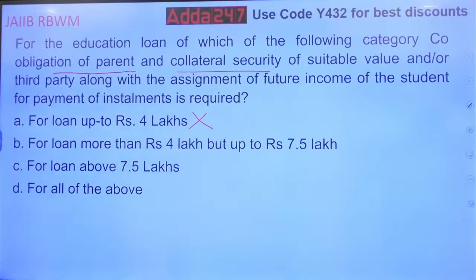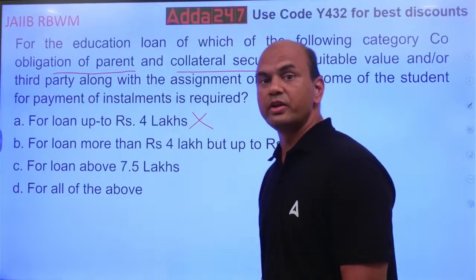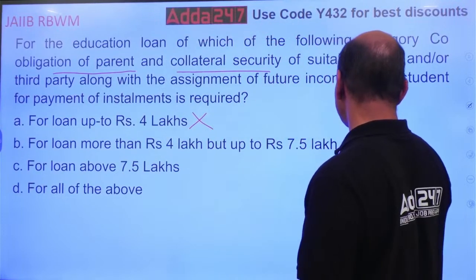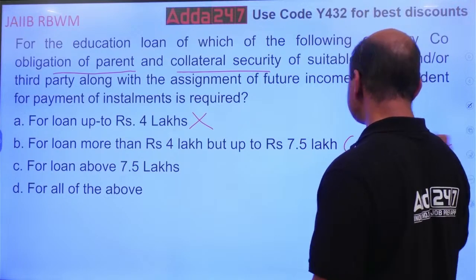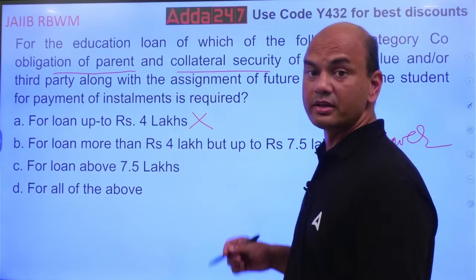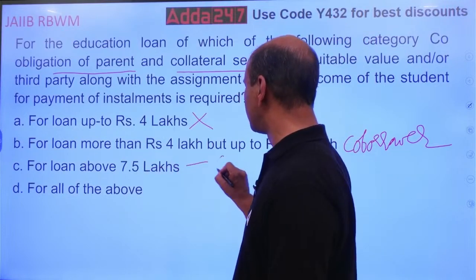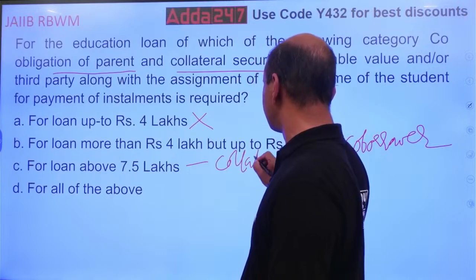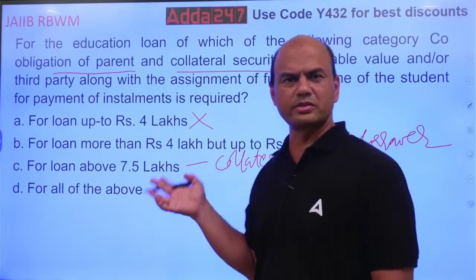4 lakhs to 7.5 lakhs, we require co-borrower. And above 7.5 lakhs, we require the property, means collateral. So, collateral plus co-borrower if any. Generally, co-borrower is also taken in this.